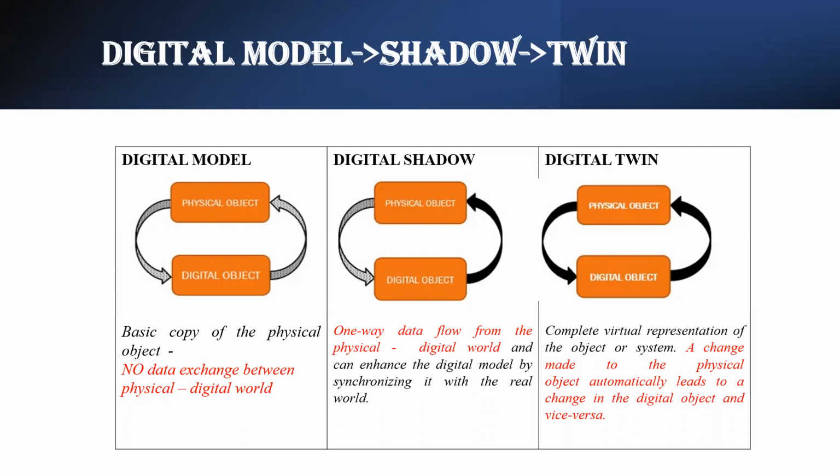That means you can also control the physical object from the digital replica. This is a two-way communication, and this is exactly what is called the digital twin. Though the wordings all existed quite some time before, it all started with NASA developing a digital twin for its own spaceship, what they call the lunar model.